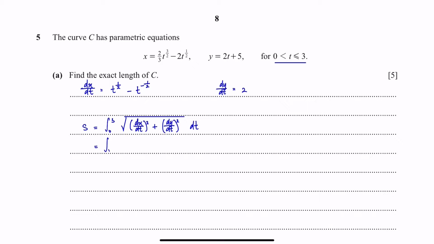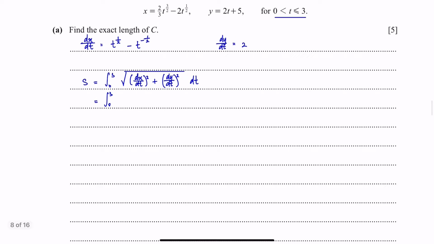So we just sub whatever we have found just now. So t to the 1 over 2 minus t to the negative 1 over 2 squared plus 2 squared, square root the whole thing. And now we have t minus 2 plus t to the negative 1 plus 4, square root, dt. Sorry, this is t to the negative 1.